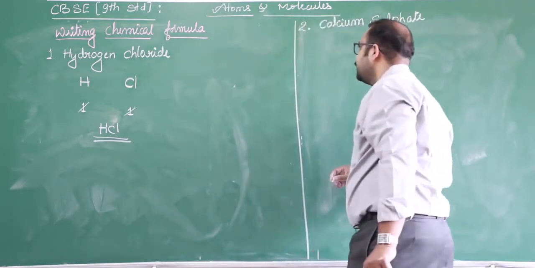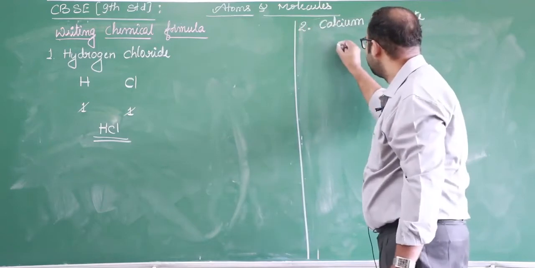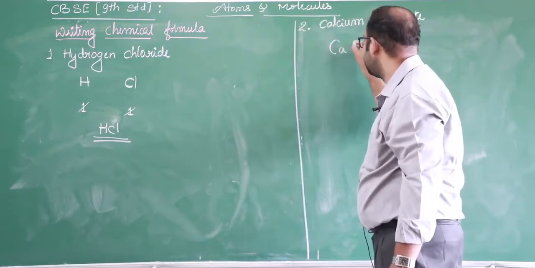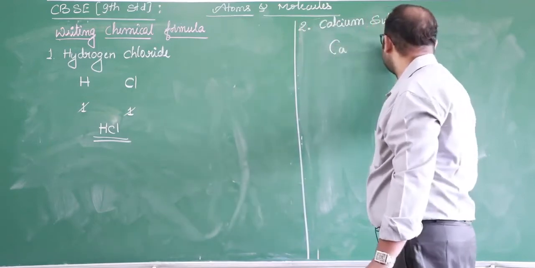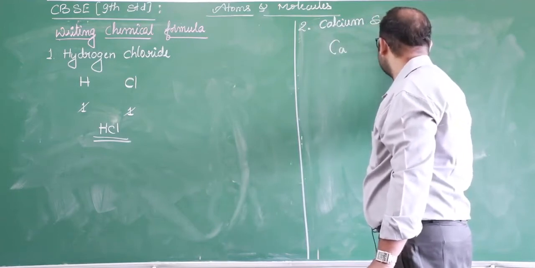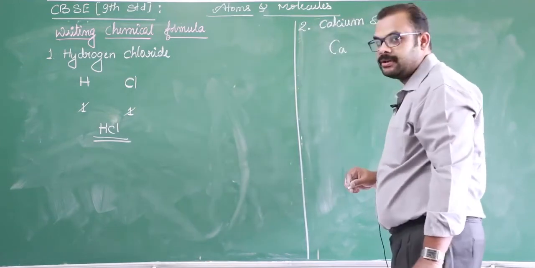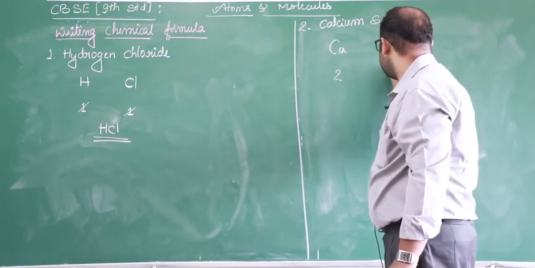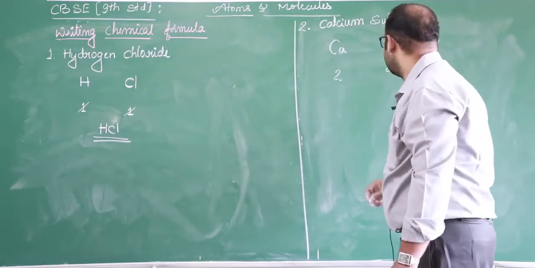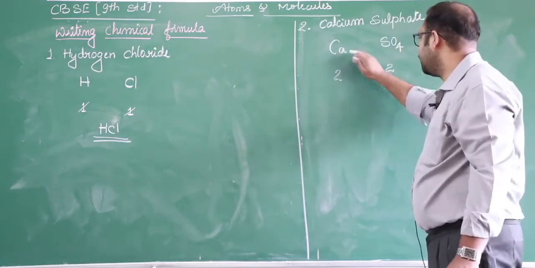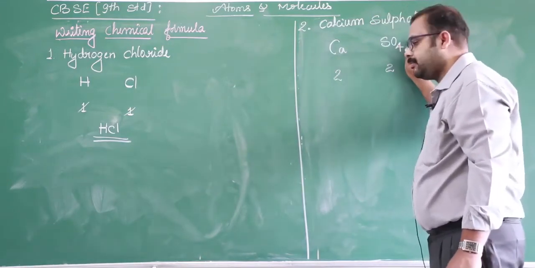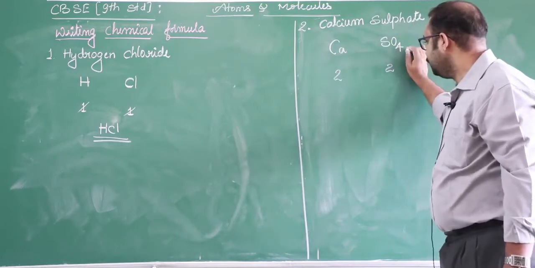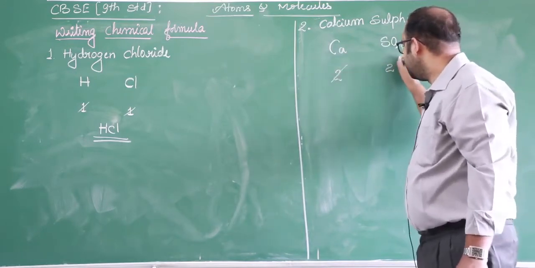Calcium sulfate. Here the symbol of calcium is Ca and that of sulfate is SO4. The valency of calcium is 2 and that of sulfate is 2. Now look here, it's an element, calcium, and a polyatomic ion, and in both cases they contain 2.